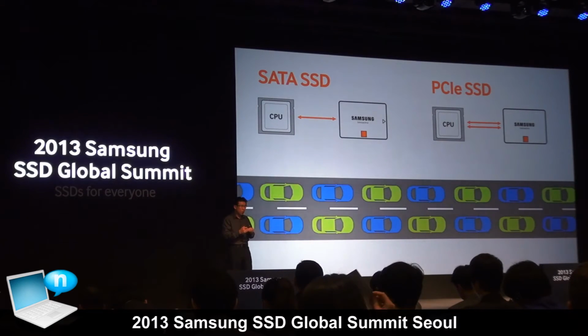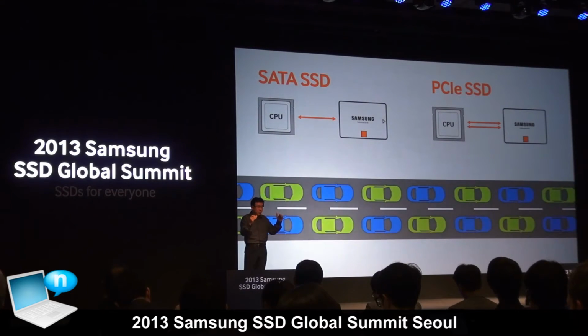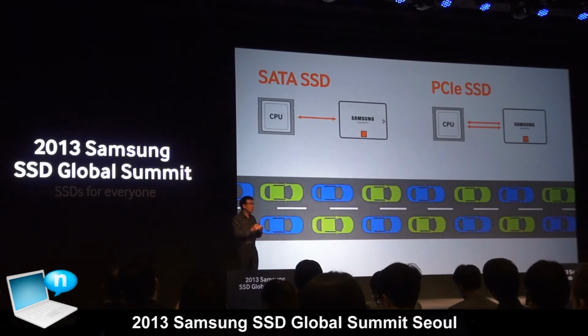Even SATA Gen 3, with 600 megabytes per second speed, was actually proposed by SSD suppliers because we needed higher performance. But if you look at the disk performance, it is still saturated around 300 megabytes per second. So it was already good enough for this drive.